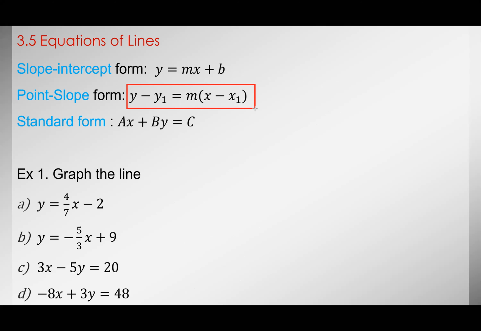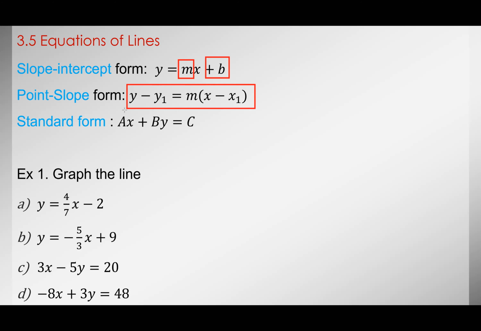So one thing, as a reminder, this is your slope-intercept form, y equal to mx plus b. If it's in this form, we know our slope, which is our m, and we know our y-intercept, which is our b, okay?